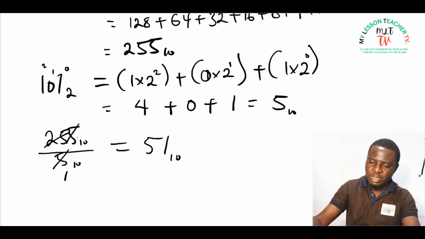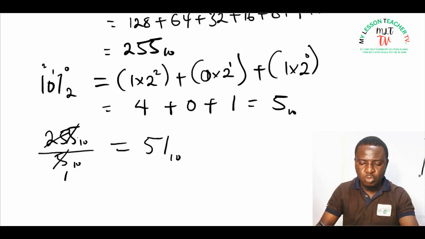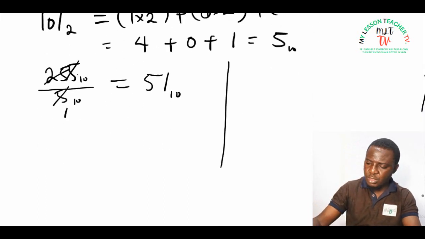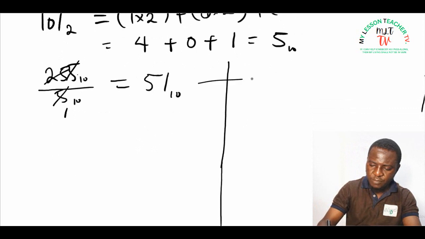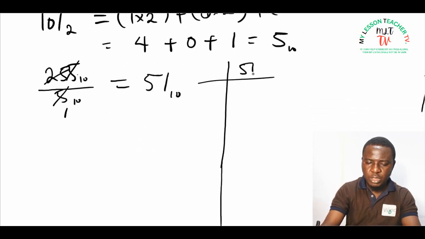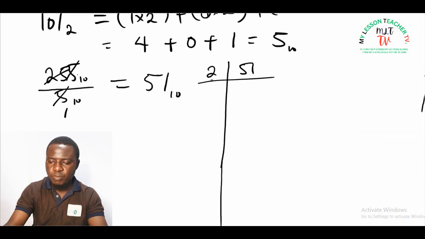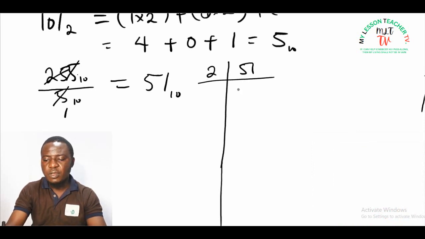Having gotten your answer in base 10, now convert it to base 2, which we started from. So by repeated division, this is going to be 51 divided by 2. 2 into 5 is 2, remainder 1.